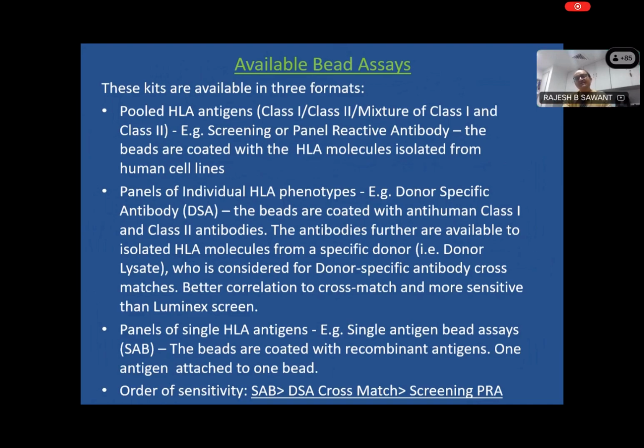One step further, you may be doing a screening or panel reactive antibodies, where for class 1 you have 7 different beads on which various classes of HLA antigens are coated. In the class 2 library, you will have 5 different beads on which 5 different class 2 antigens are coated, and you will get a fairly good idea against which particular class or HLA type there are antibodies in the recipient.